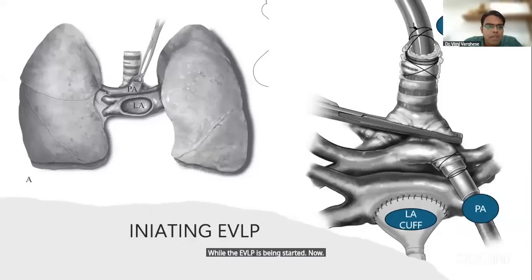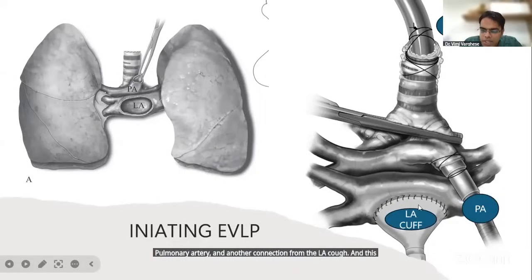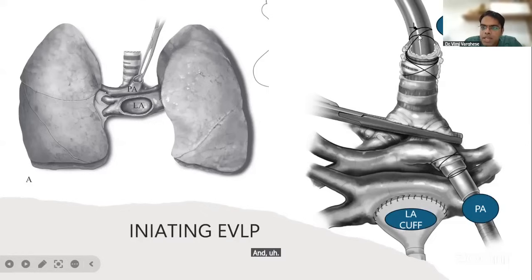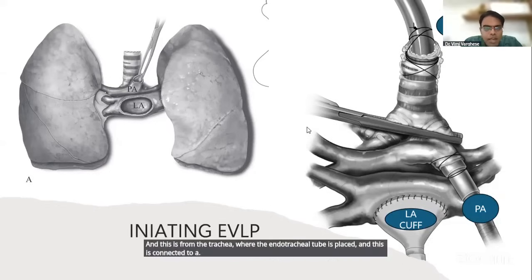As I said, there are two main connections, one from the pulmonary artery and another from the LA cuff. This is the special LA cuff where the circuit is connected, and this is the one connected to the pulmonary artery. And this is from the trachea where the endotracheal tube is placed, and this is connected to a ventilator.